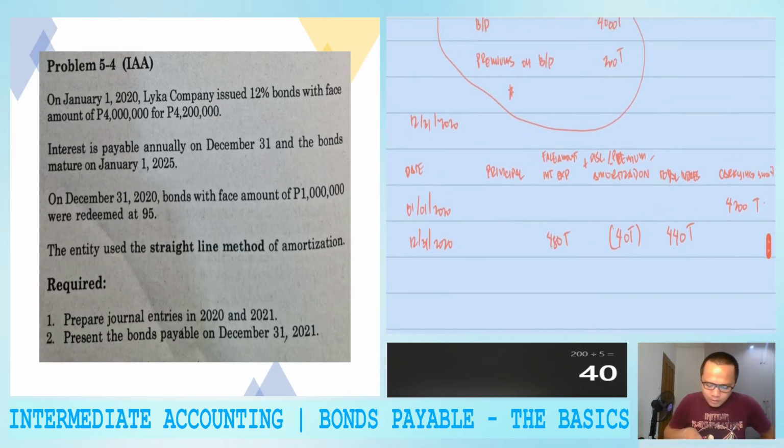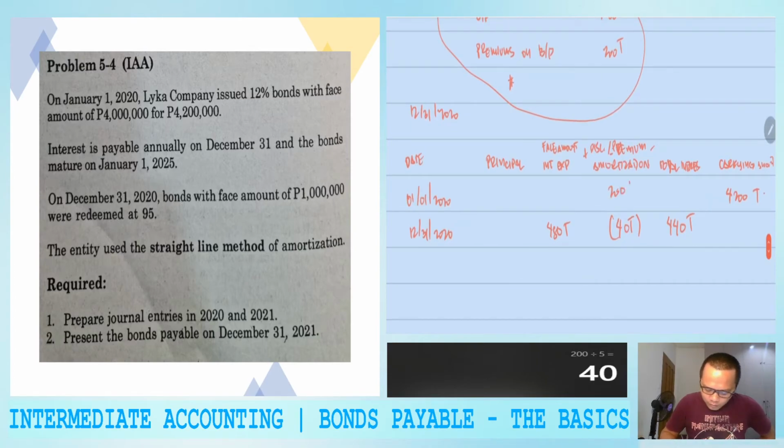So, di ba our premium here is 200,000, okay? And then the principal balance or the face amount, we have 4 million. That's why it became 4.2. So, ang effect nito ngayon, the premium as of December 31, 2020, that is obviously 160,000 na lang. Di ba? Plus your 4 million na face amount, we have 4,160,000 na carrying amount.